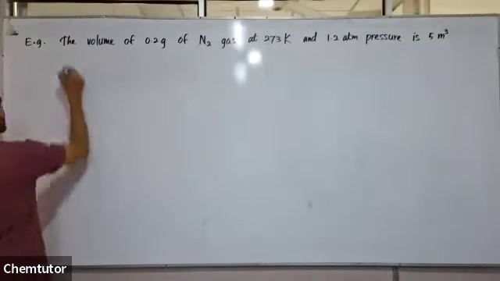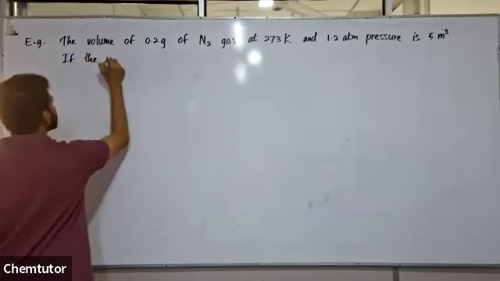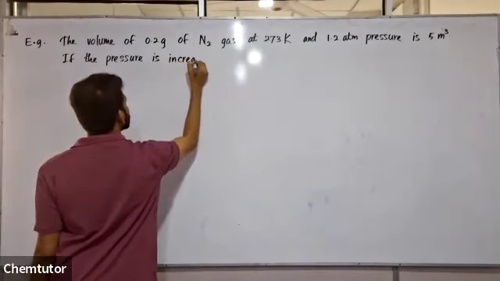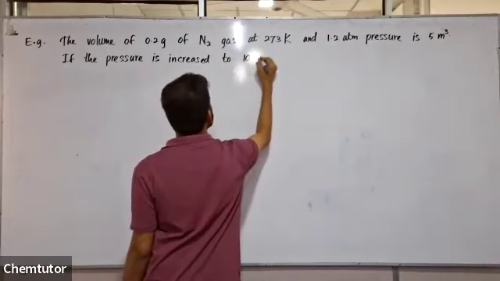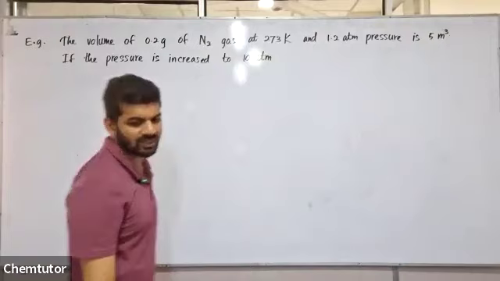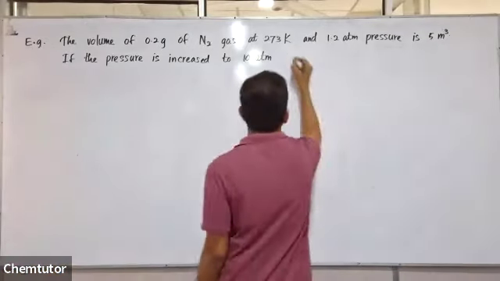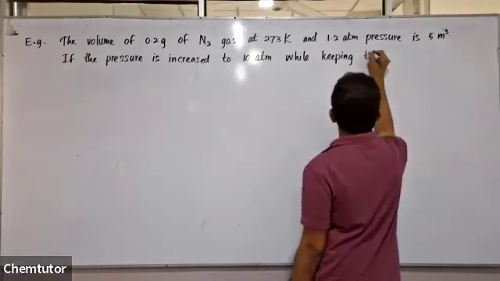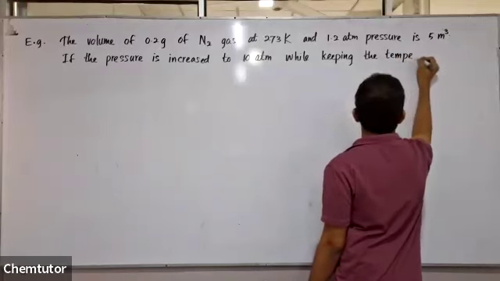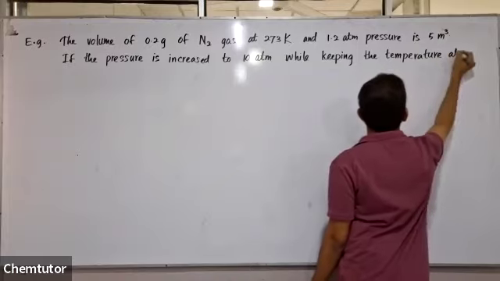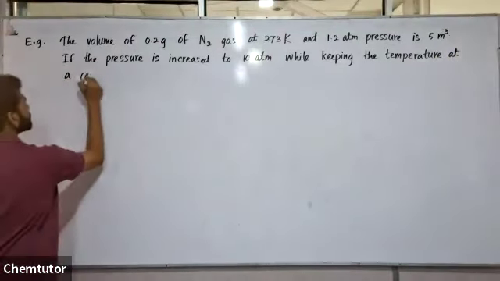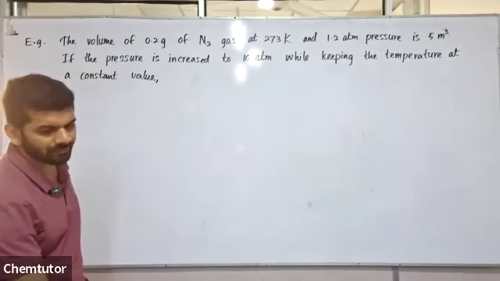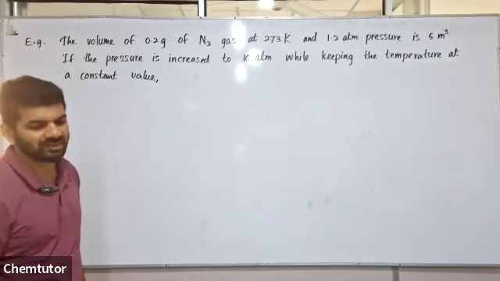If the pressure is increased to 10 atm while keeping the temperature at a constant value, calculate the volume of gas in cubic decimeters.